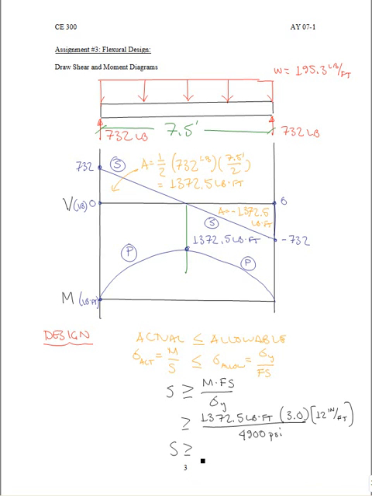Therefore, our section modulus must be greater than or equal to 10.08 inches cubed. It's time to generate some options. We take a look at table A-15 for dressed lumber, and we see that our best option is a 2x8, which has a section modulus of 15.3 cubic inches.